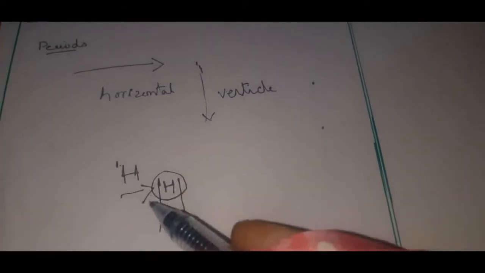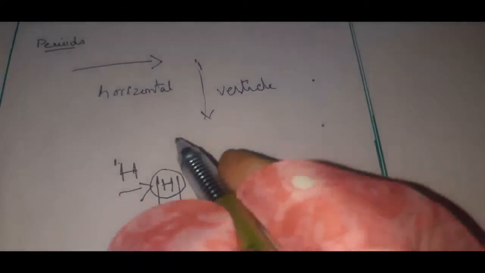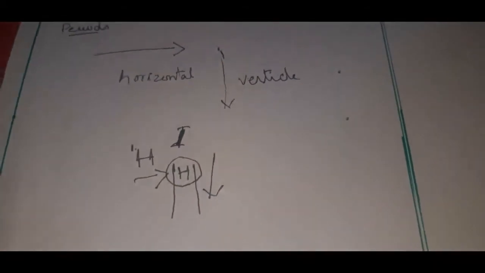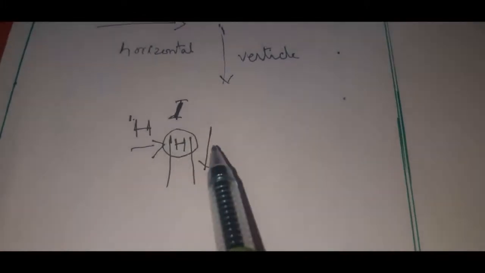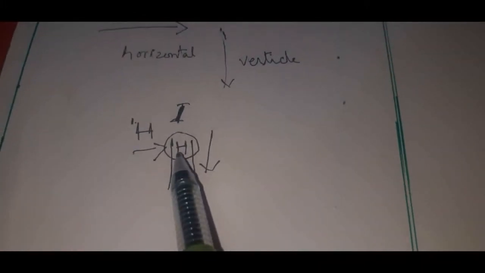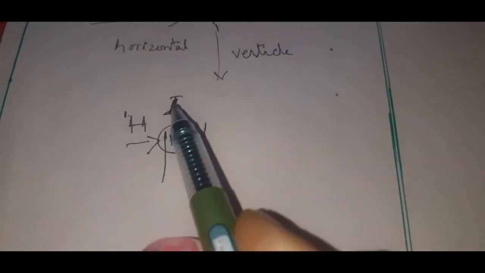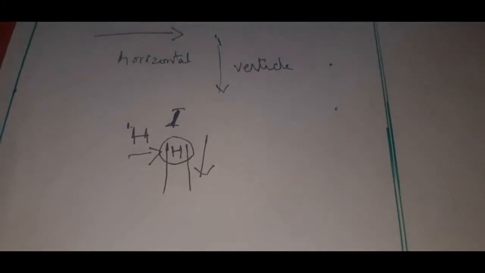And it is also the first member of the first group. First group means coming from top to bottom, right? So hydrogen belongs to the first period, and it is the first element of the first group.